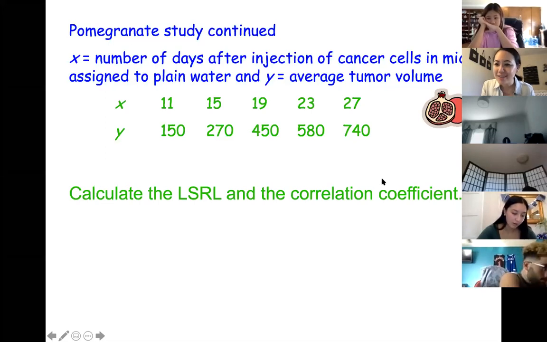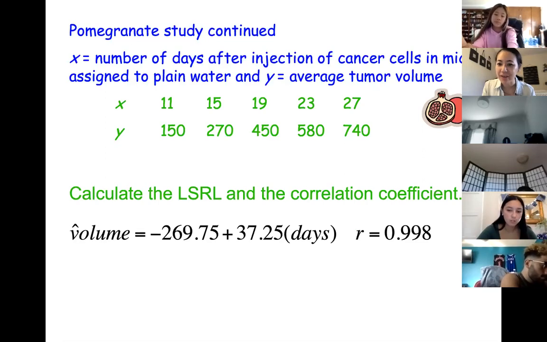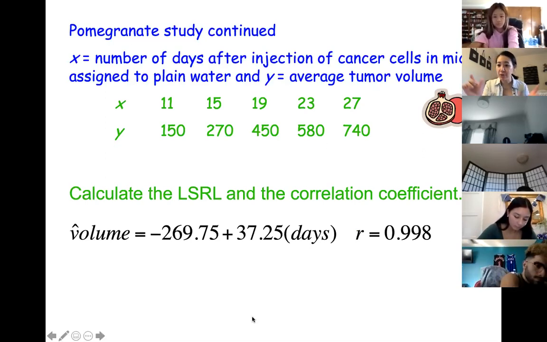Now watch, this is how you want to write your equation for the LSRL. Notice I don't have y and x. I actually have the words that represent y and x in my equation.